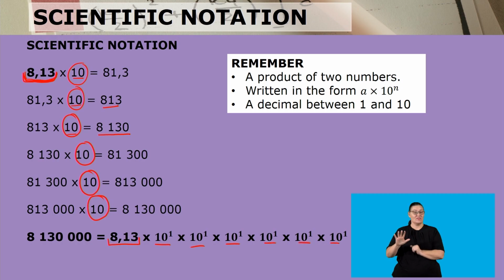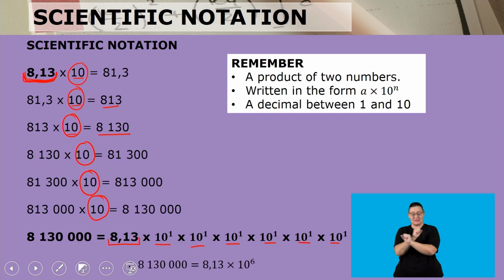And what does the first exponent law say about us multiplying powers that have the same base? That means we can add those exponents. So that means that it is going to be 8,13 multiplied by 10 exponent 6, only because we multiplied by 6 of those tens. And that now gives us the original value that we were given, which is 8,130,000.